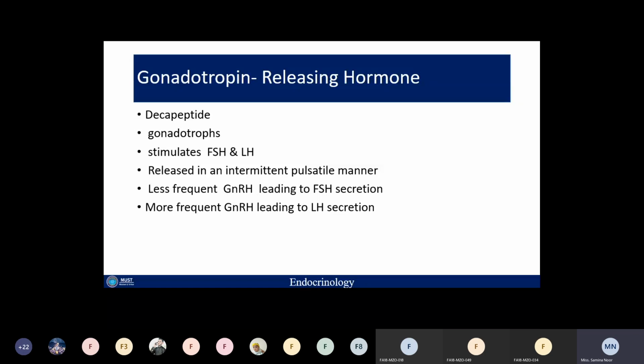The regulation of FSH and LH from the gonadotroph is mainly determined by the frequency of gonadotrophin releasing hormone from the hypothalamus.